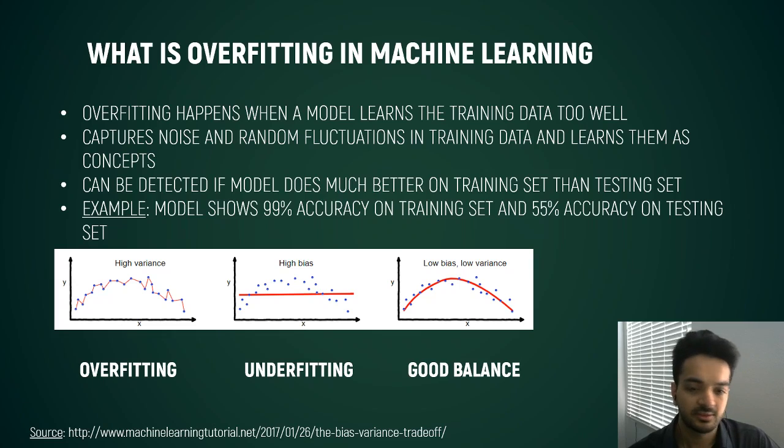And the other way around for this is underfitting, where almost none of the points have been captured, and no pattern has been captured at all. So it's the other extreme. And a good balance usually is low bias, low variance, where you've managed to capture the underlying pattern and have not captured the noise and random fluctuations.